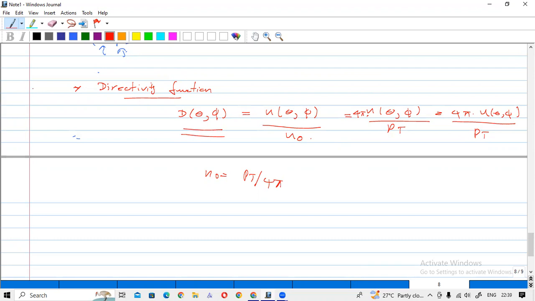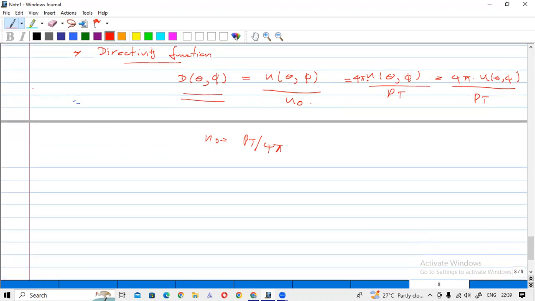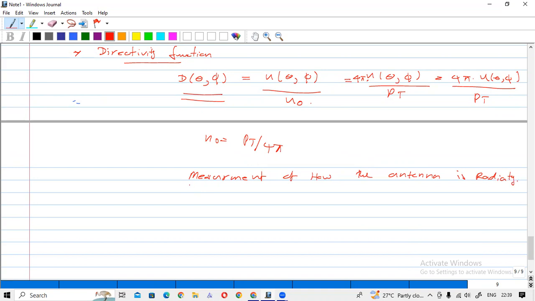Actually this is a measurement of how efficiently the antenna is radiating in a certain direction.